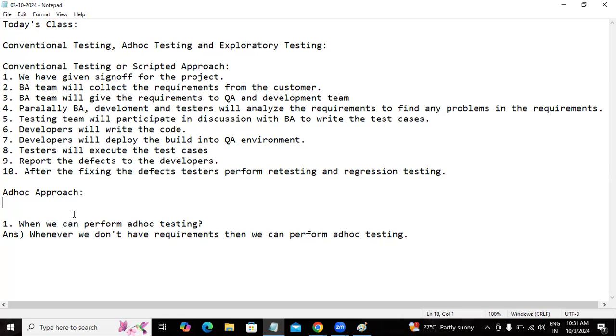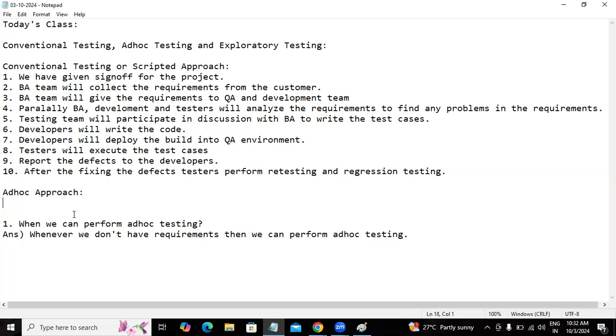Why? Because the monkey doesn't know ABC, right? The monkey randomly presses any keys, XYZ or PQ or anything. So in ad hoc testing also, we are going to perform random testing.